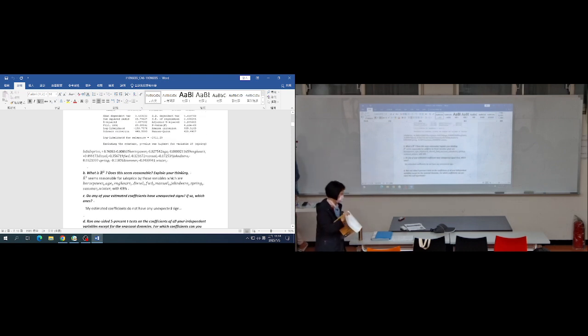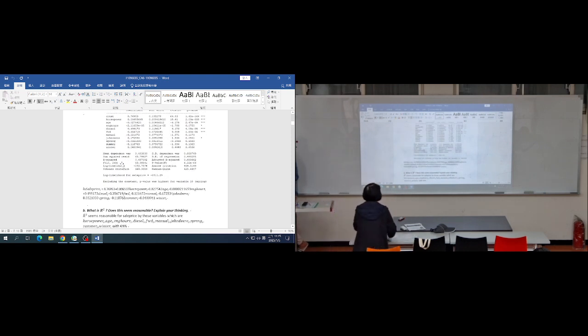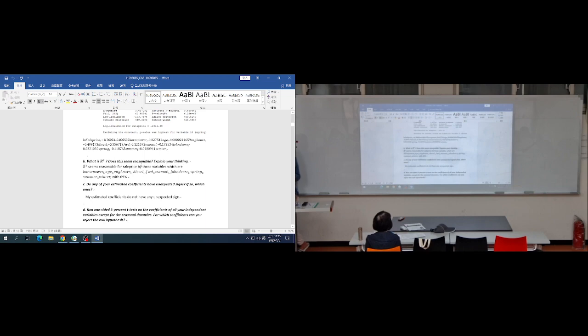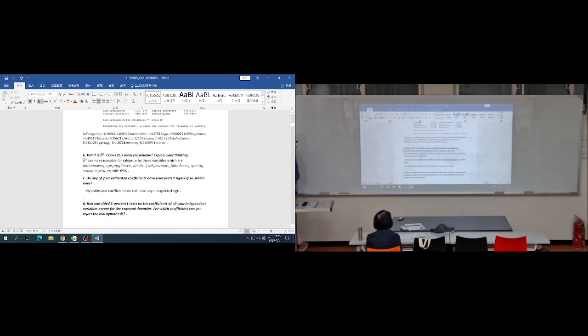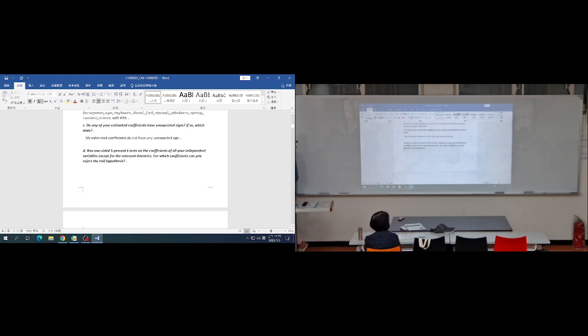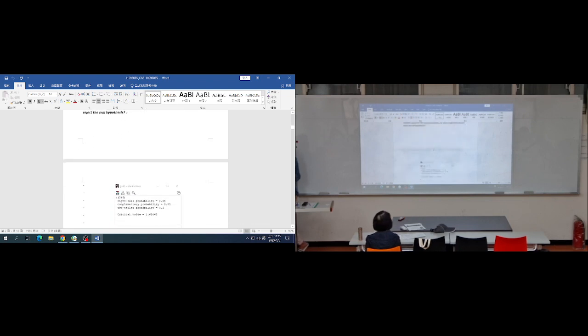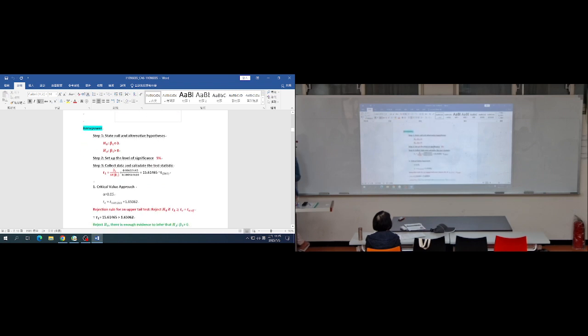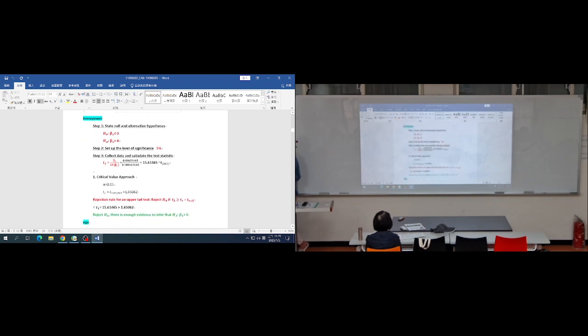With 69%, like you can see here in R square, it's 0.69, and the estimated coefficients do not have any unexpected signs. And when we are running the 5% t-test, okay, explain this one.